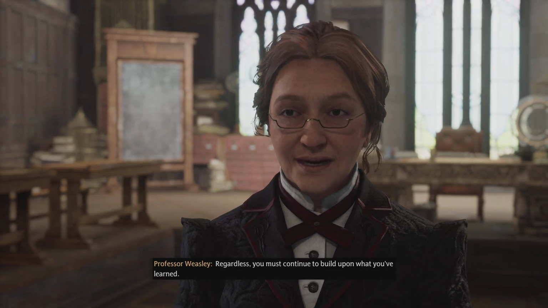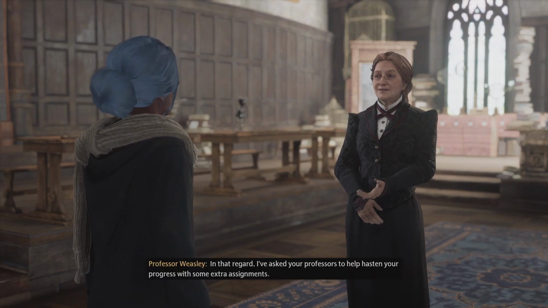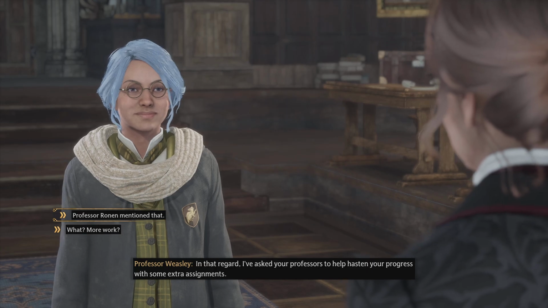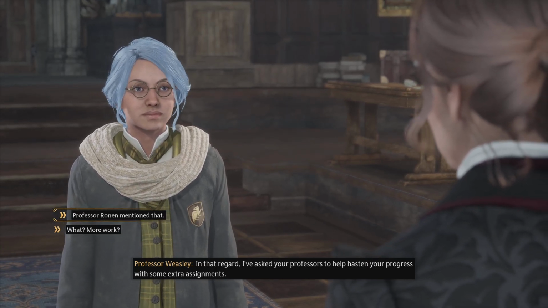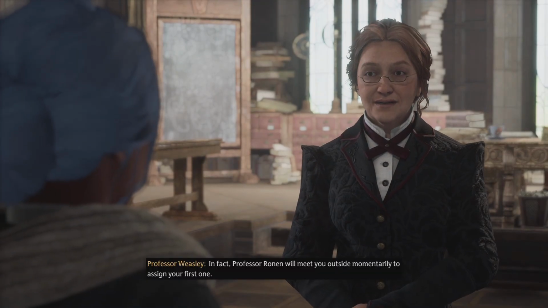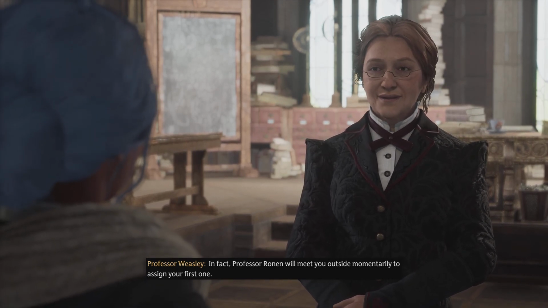Regardless, you must continue to build upon what you've learned. In that regard, I've asked your professors to help hasten your progress with some extra assignments. What? More work? That's it. Professor Ronan did mention something about that. In fact, Professor Ronan will meet you outside momentarily to assign your first one.